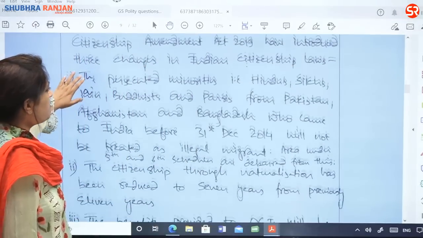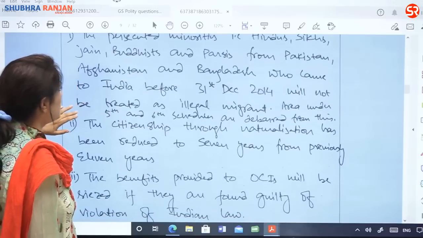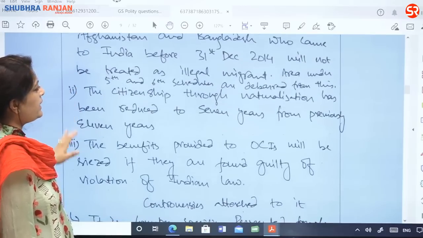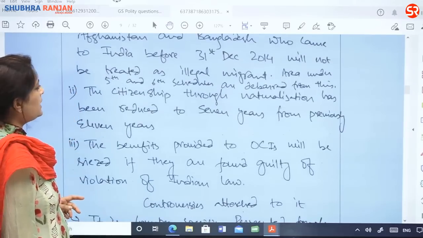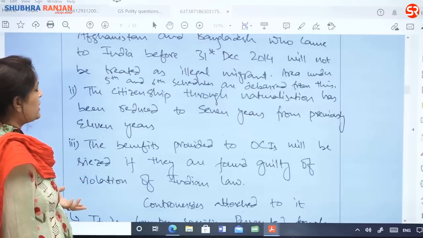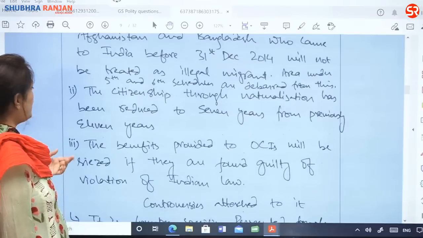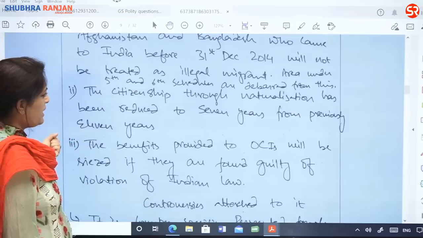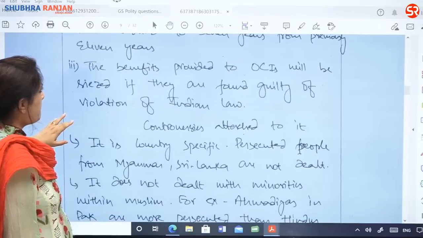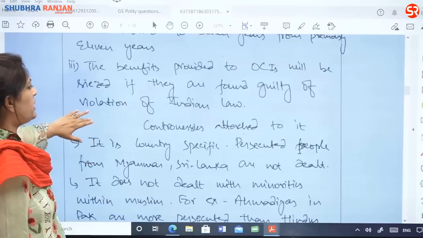The persecuted minorities among Hindus, Sikhs, Jains, Buddhists, Parsis from Pakistan, Afghanistan and Bangladesh who came to India will not be treated as illegal migrants. Area under the 5th and 6th schedule is debarred. So fine, from the perspective of fact, citizenship through naturalization has been reduced to 7 years from previously 11 years. Is it not fine? The benefits provided to OCI, but that is not a very important issue.